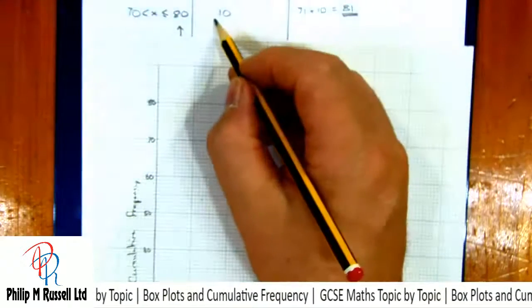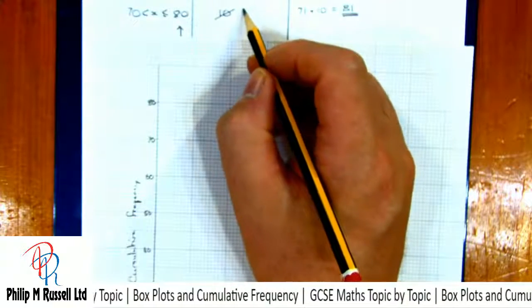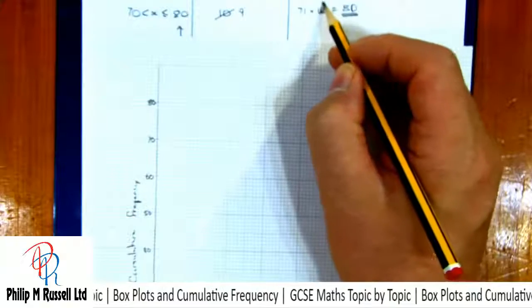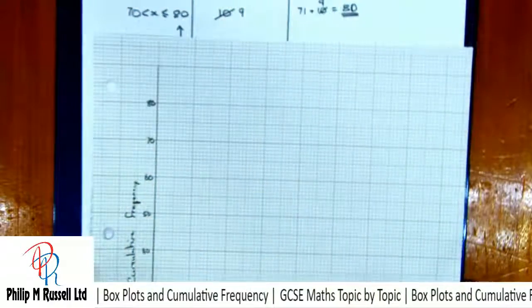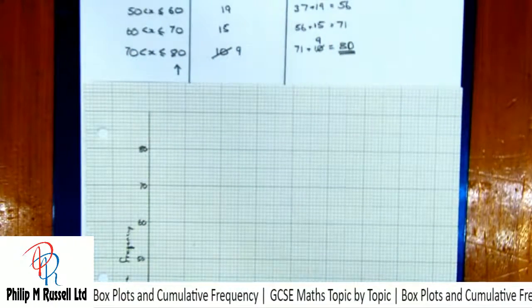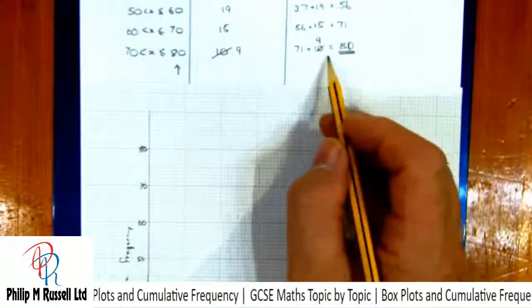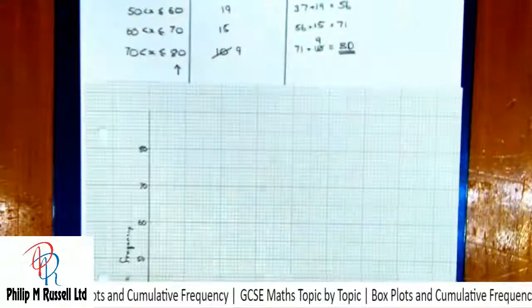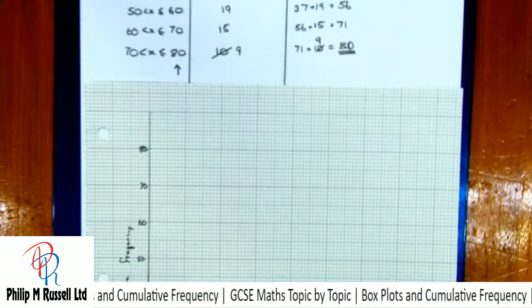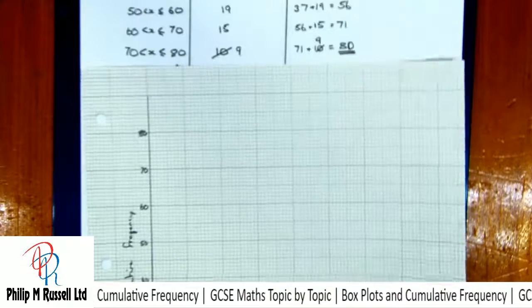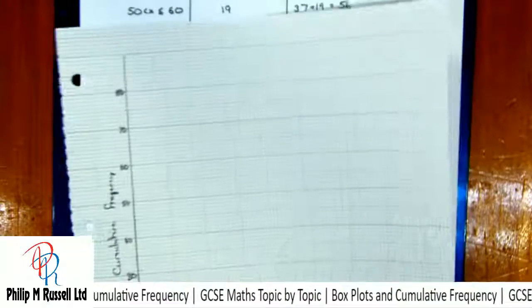So I'm going to change that last number, which you can't do, but I should have had a better question. And I'm going to change that to 9, so this is going to be 80. And you'll see why I've changed it in a minute, because it's going to make our maths later easier. So I've been awkward, I've changed my numbers just so I can make things fit nicely.